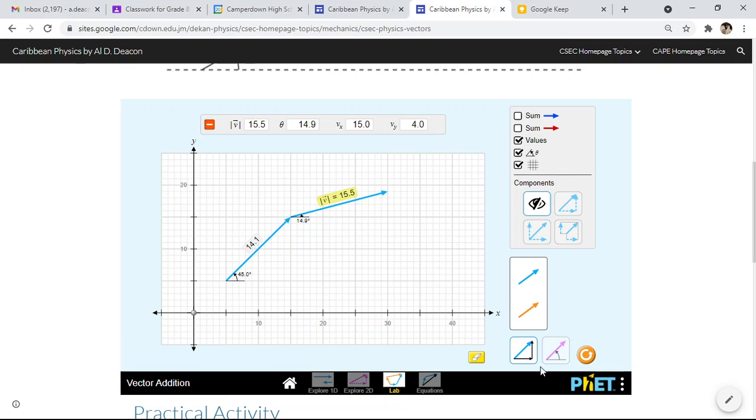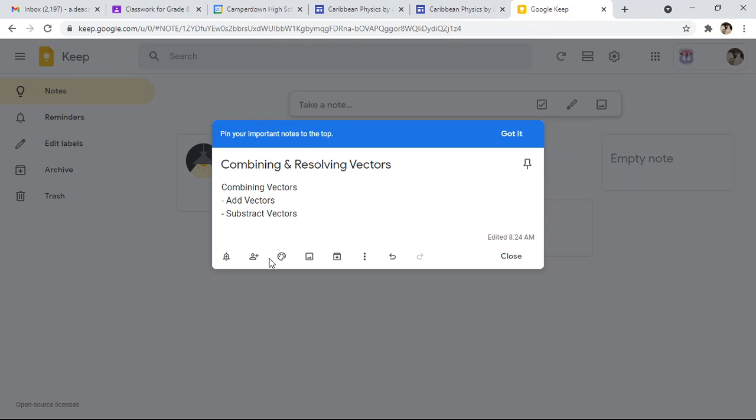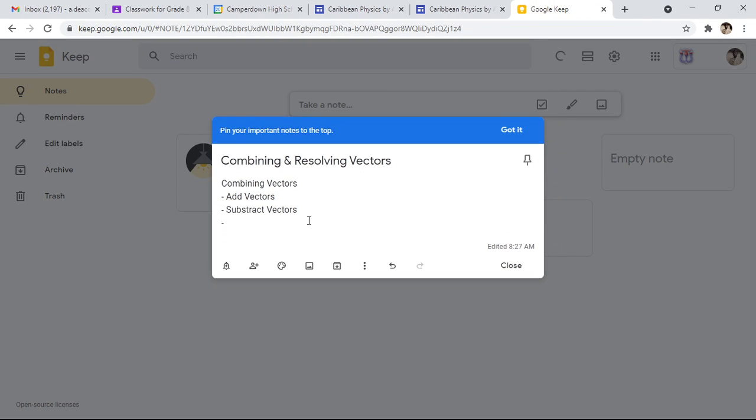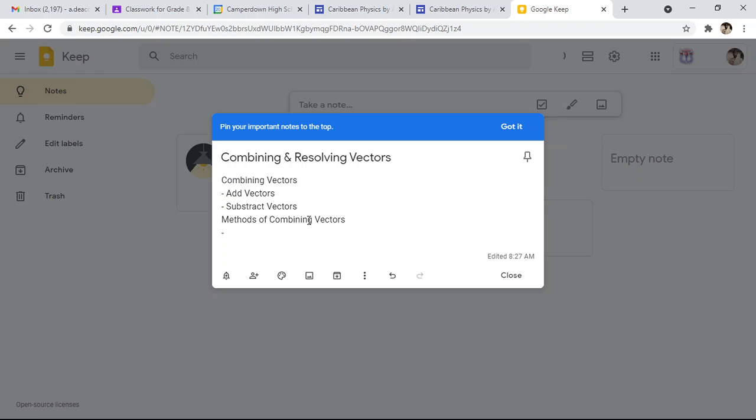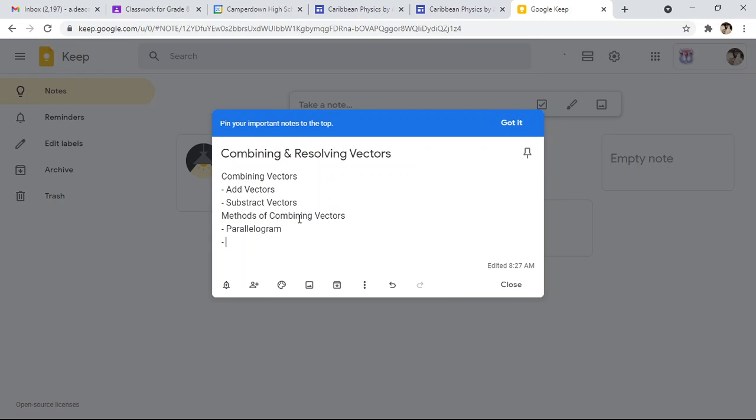Now I am using the parallelogram method. So, methods of combining vectors. I'm presently using the parallelogram method, right?